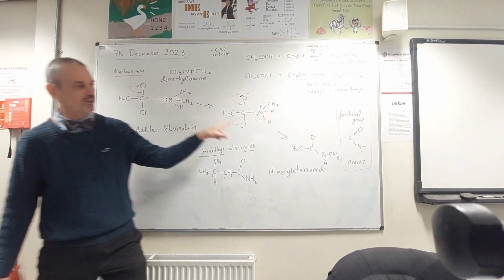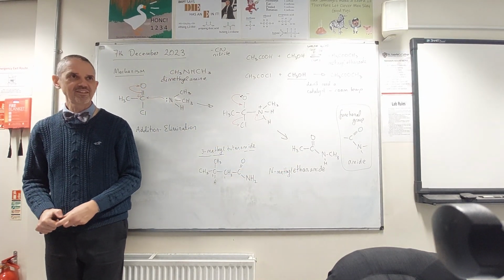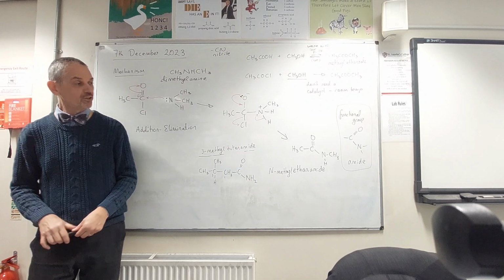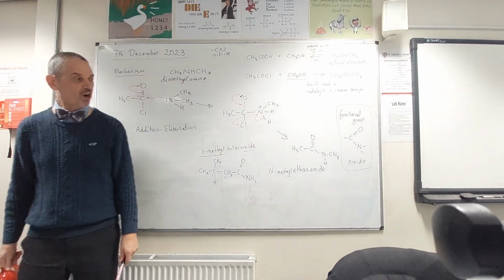Can you follow that through until you get a product? And then can you tell me what the name of that product would be? You can just write the product, but follow it through in your head. So you've got a product.